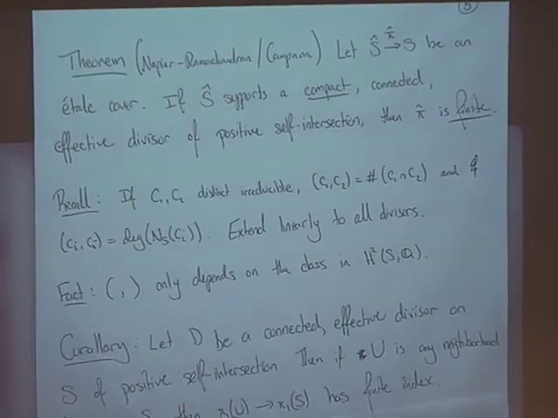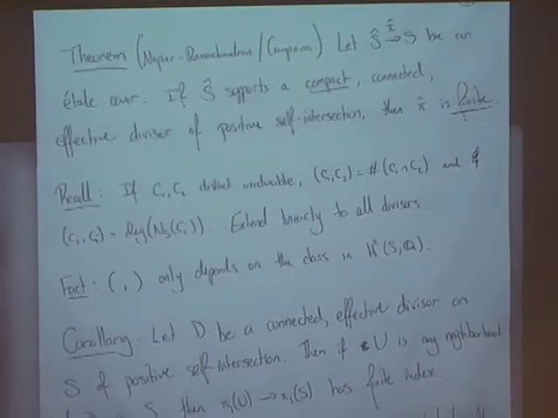So what's the punchline here? If you have a connected effective divisor and you have an open neighborhood, I'm going to take the image of the fundamental group of that open neighborhood, and that's going to have finite index. What does that mean? I'm getting a subgroup of a fundamental group, so I'm going to get some étale cover out of that, and I'm saying that that étale cover has finite degree.